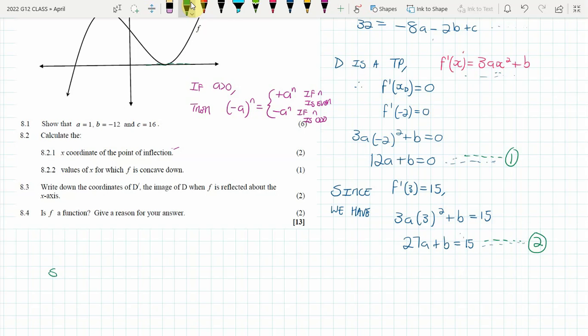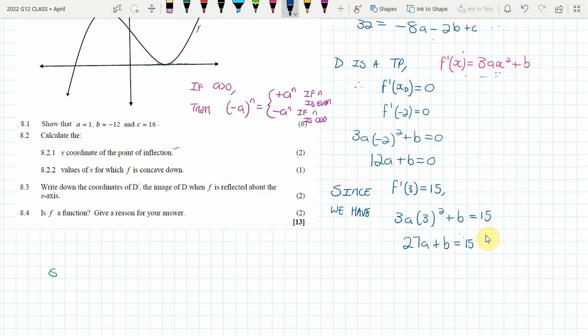So which variable do you want to make the subject? B. In which equation? The first equation. Okay. Or the second one. Thank you, because I was becoming stressed of the issue of space.